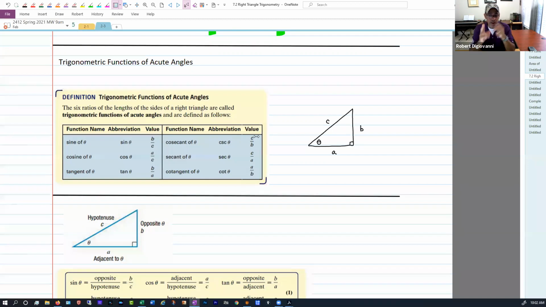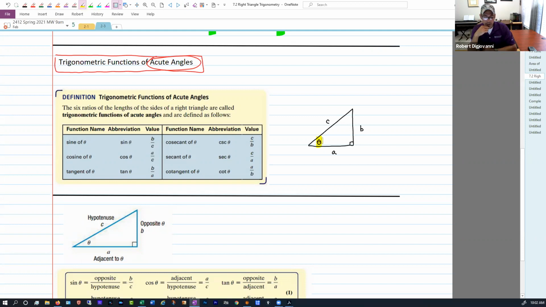The first way we define them is by using triangles, and that's what today is about. And then later on, we're going to use something different to define them. But for now, we're going to call these the trigonometric functions of acute angles. So it's very important that we're talking about acute angles right now. So focus your attention on that triangle over there on the right side. And we're looking at this angle theta here.